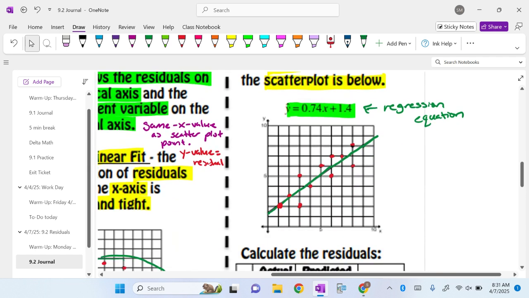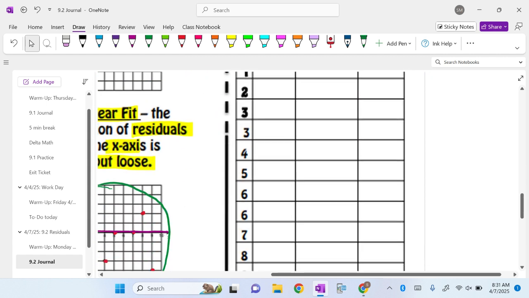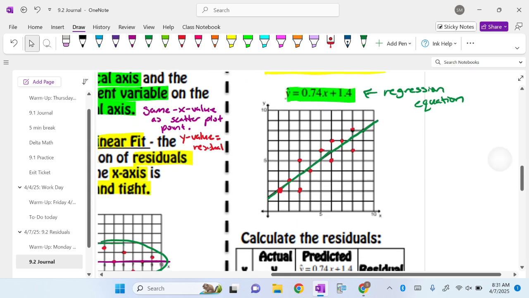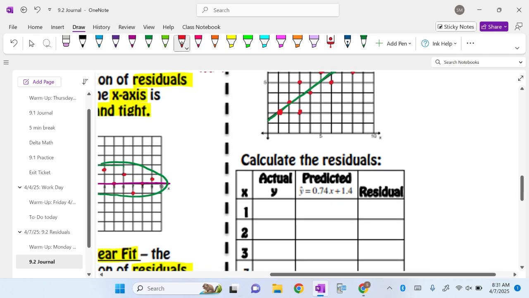To help you out, what you would do first is make a table like this. This is probably the easiest way to do this if they ever ask you to calculate a residual by hand, especially if they ask you to calculate all the residuals. Now, I most likely won't make you calculate all the residuals. I'll mainly just have you find one, but just so you have practice for it. What you would do is look at the x values and find the actual y value from that x value.